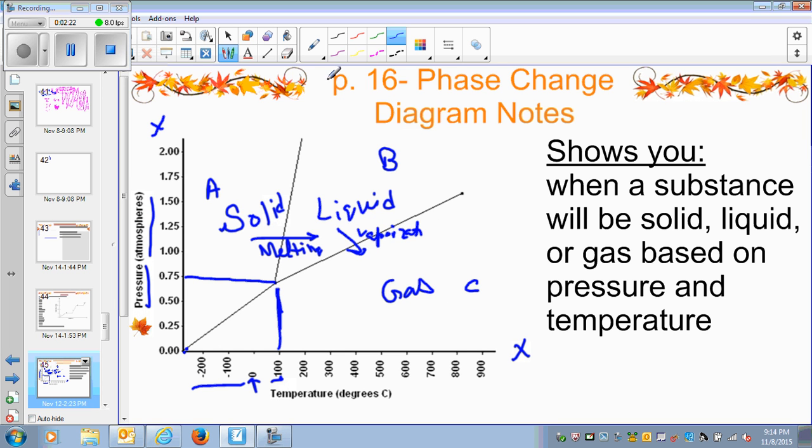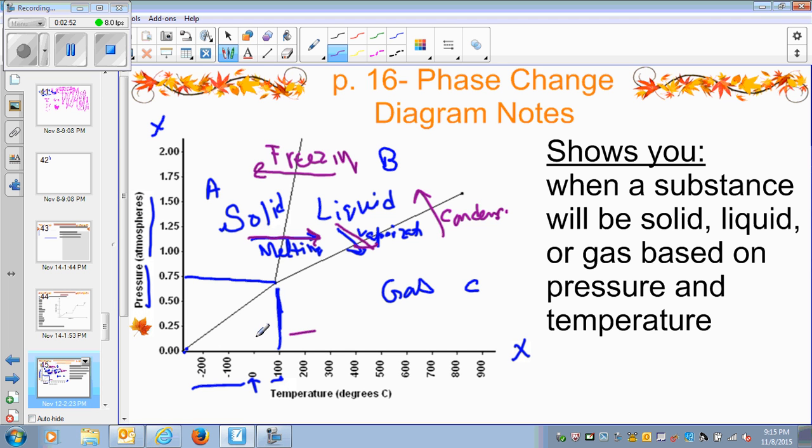When I decrease the temperature and decrease the pressure, on the other hand, it will go through condensation, because gas to liquid is condensation, and then liquid to solid is freezing. So decreasing the temperature and pressure works backward, and increasing the temperature and pressure goes through melting and then vaporization.